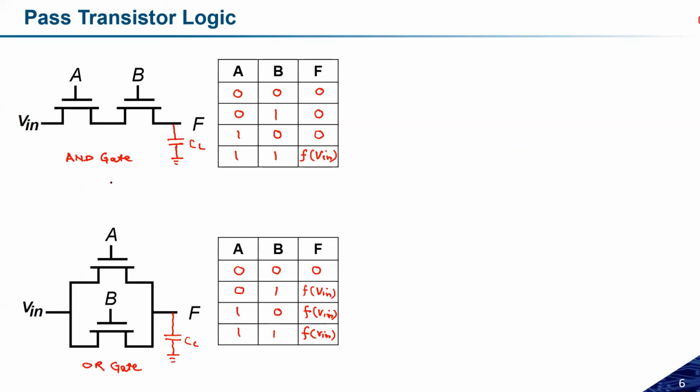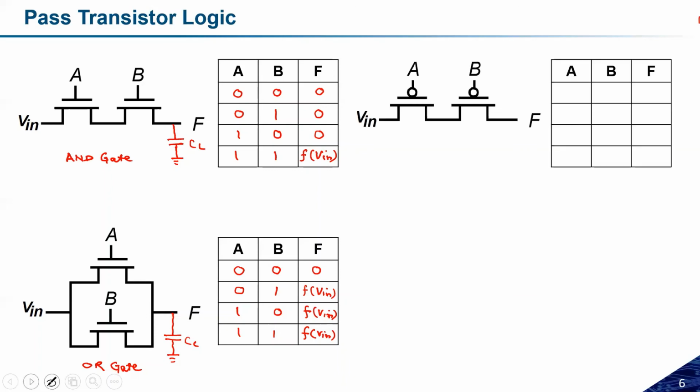For the NAND gate I need 4 transistors, and for the inverter I need 2 more, so the total number of transistors needed to design an AND gate is 6. But here we can design an AND gate with only 2 transistors, and this is the beauty of this logic. But yes, we will not always get the benefit. There is some problem; what those problems are, I will tell you. Let us quickly finish 2 other structures, then we can go into that.